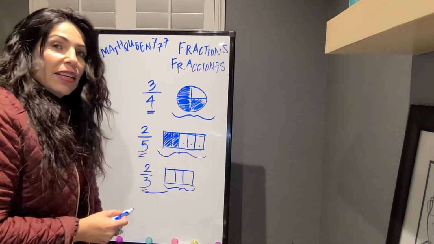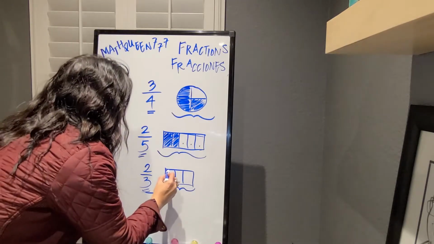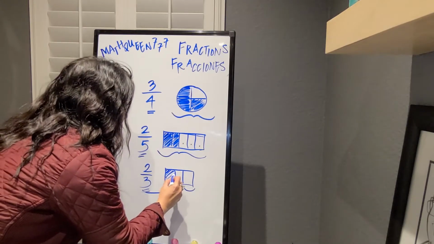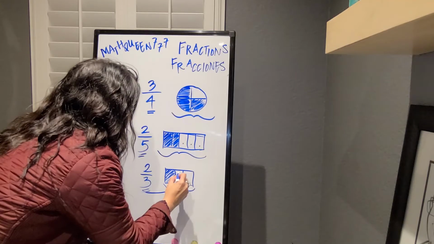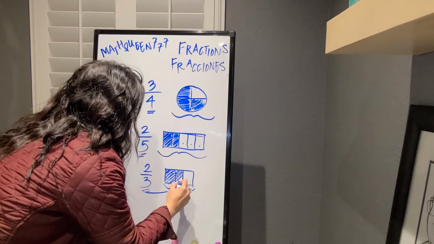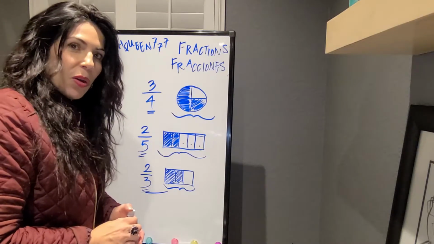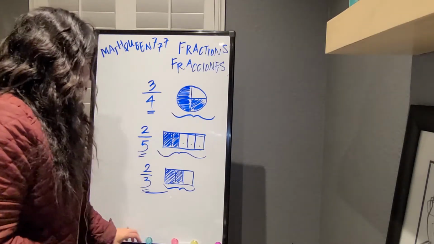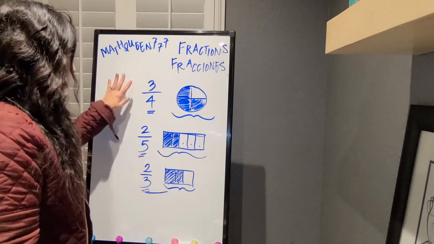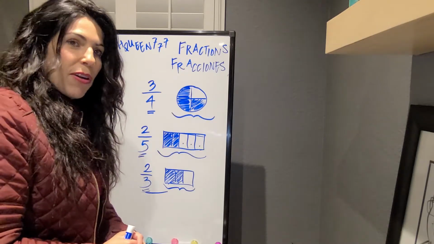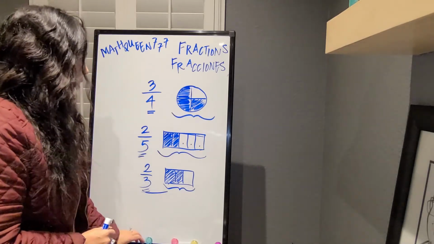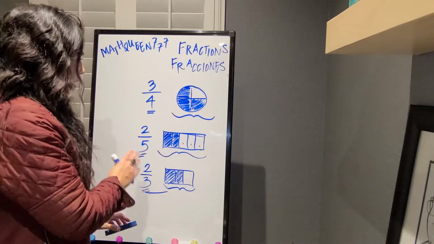And now I'm going to shade 2 of those pieces. Y ahora voy a colorear 2 de esos pedazos. And now I'm coloring 2 of those pieces. Okay? All right. Now we have these 3 examples of fractions. Ahora tenemos estos 3 ejemplos de dibujos.